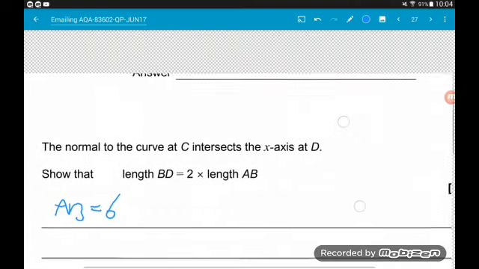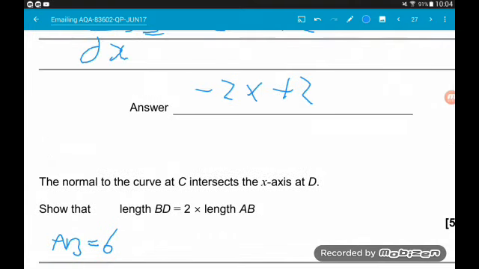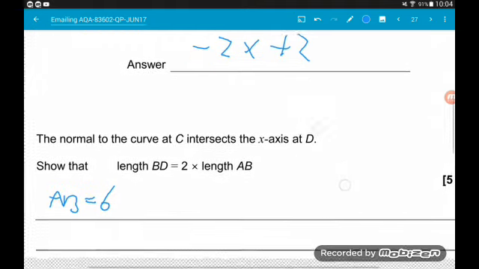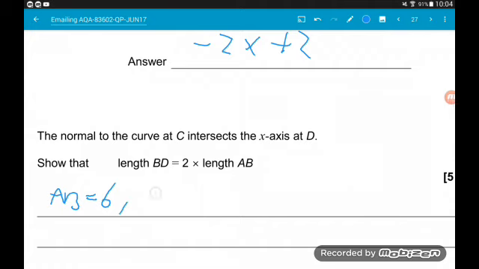So what we need to do here first of all is work out the gradient of the curve at point C. Well, we know our gradient function is minus 2x plus 2. Now we know at C, x is equal to 0. So if we substitute that in, we're going to get minus 2 times 0 plus 2. So the gradient of the curve at C is 2.